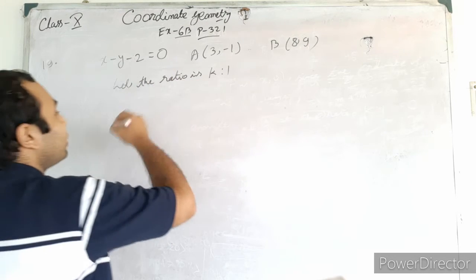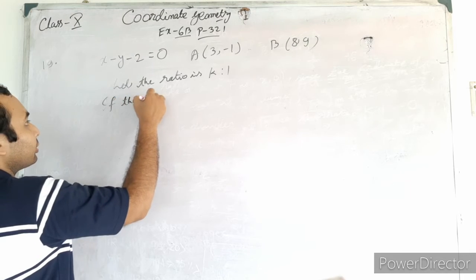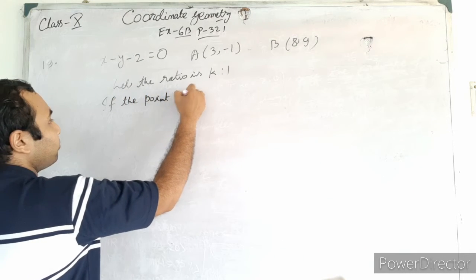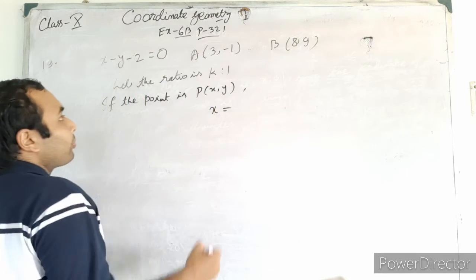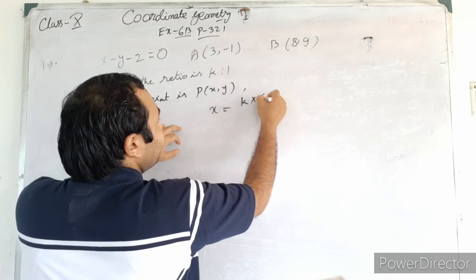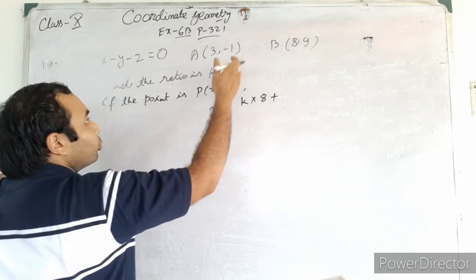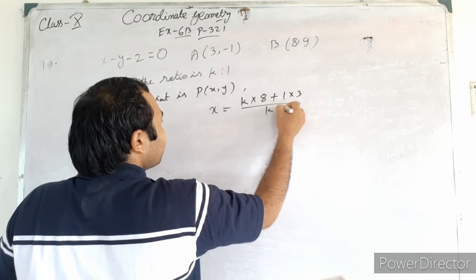If the point is P(x, y), then x equals k x2, k into 8, plus 1 into x1, that is 1 into 3, by k plus 1.